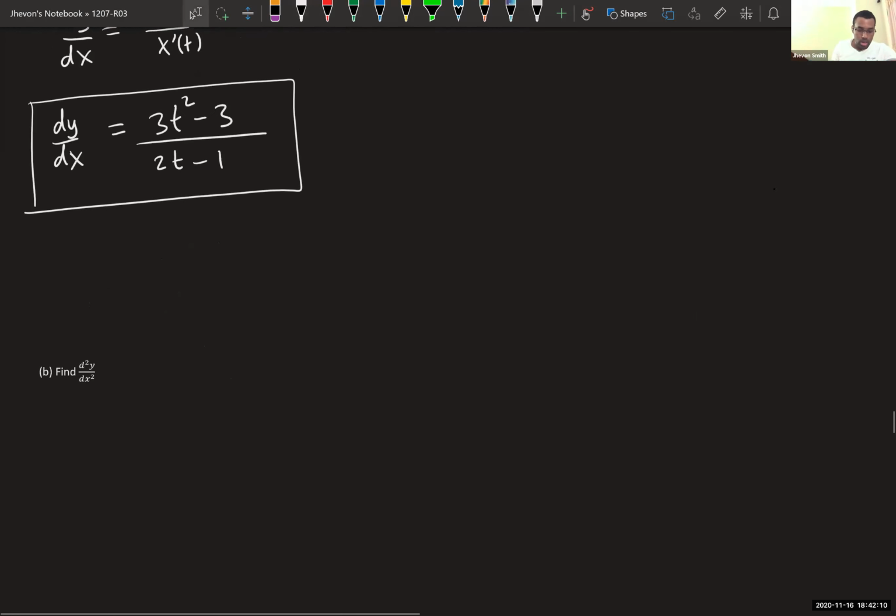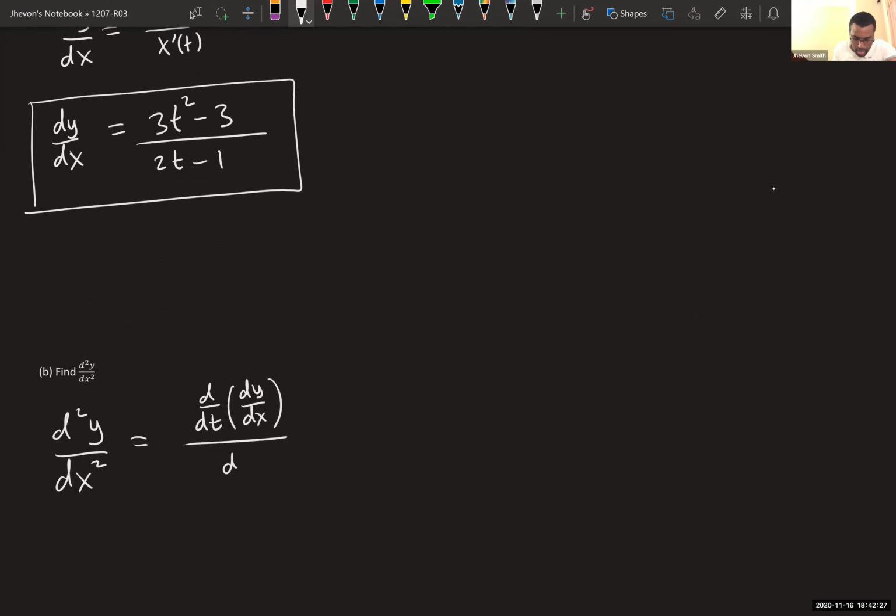For the second derivative, we use the other formula. So if I'm interested in concavity or anything like that, the second derivative is what I would use. So this is just d dt of dy dx divided by dx dt.